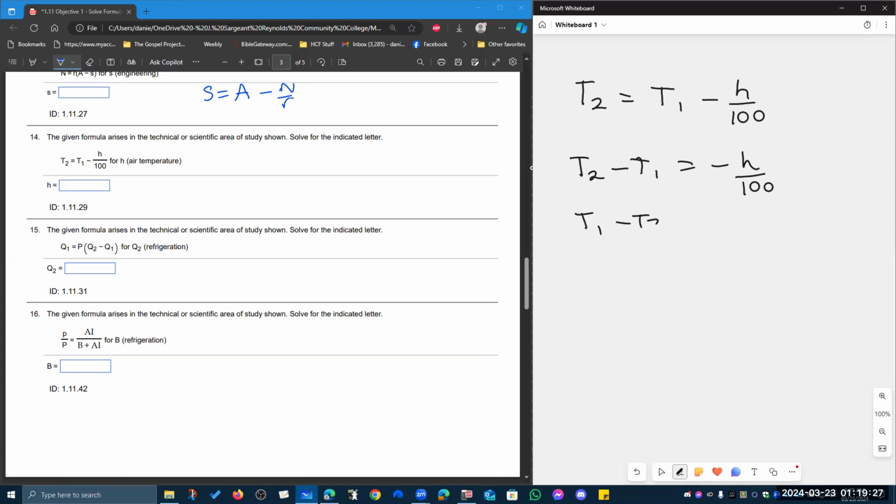T1 minus T2 equals H over 100. H is equal to 100 times T1 minus T2, or H equals 100 T1 minus 100 T2.